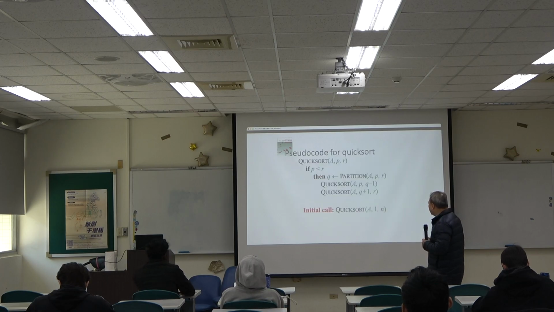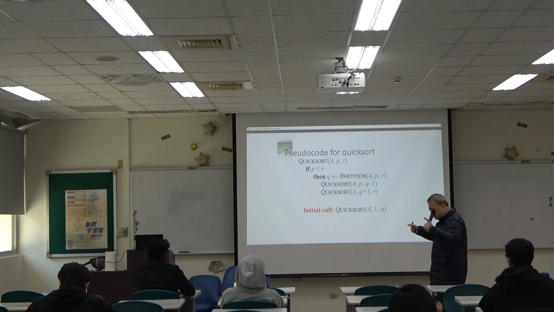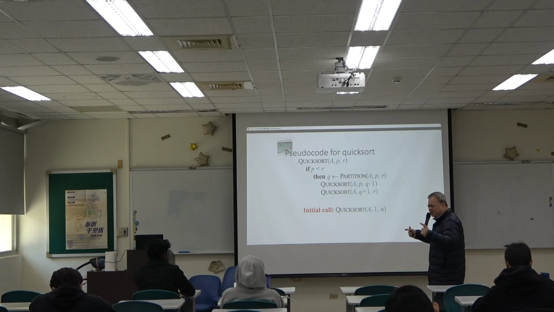So the pseudocode for quicksort is very, very simple. A, P, R. P and R stand for the range of the array that needs to be sorted. P indicates the index of the first element.